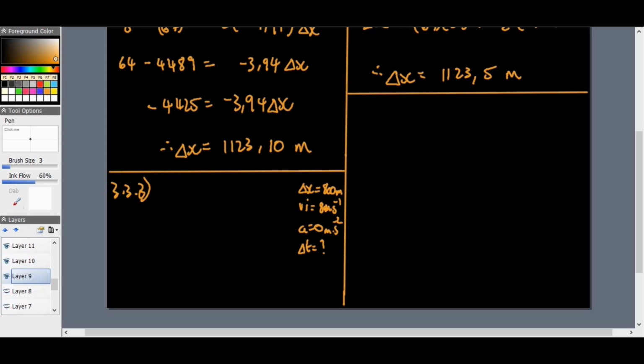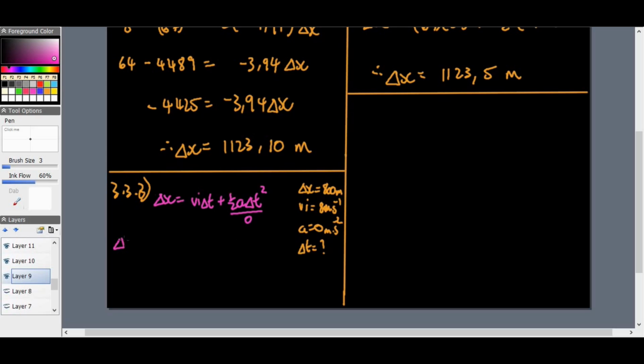Okay, let me see if I can use a formula here. Right, let's use this formula. Let's use a different color because there's a lot of orange happening here. Delta X is equal to VI delta T plus half A delta T all squared. So we know acceleration is equal to 0, so this part is going to equal 0 immediately.